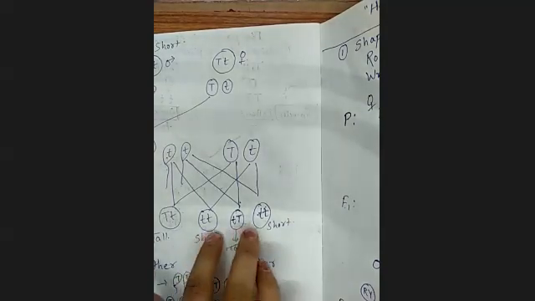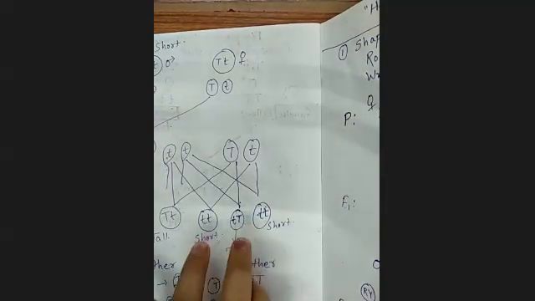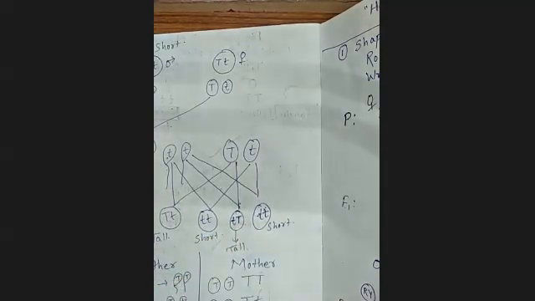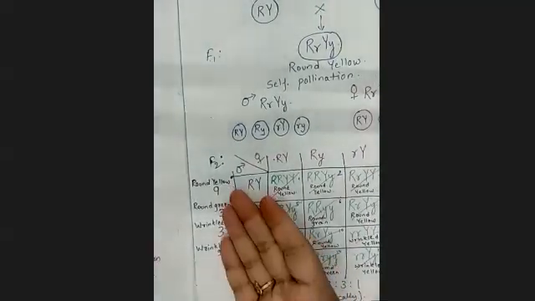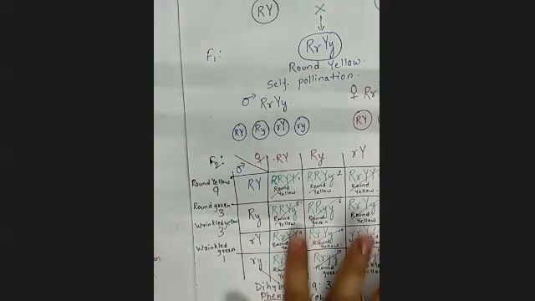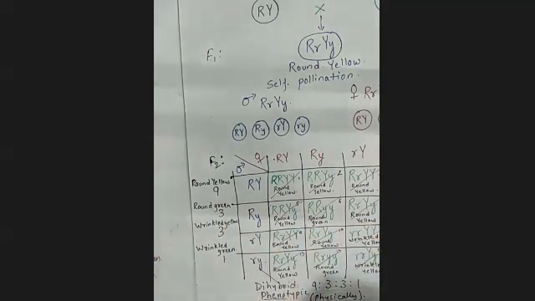So there may be a mixing of these types of traits also. There may be the possibility, but the physical features you are obtaining are the different one. Is it clear to you? Yes, ma'am. Okay, so this was the dihybrid ratio for Mendel.